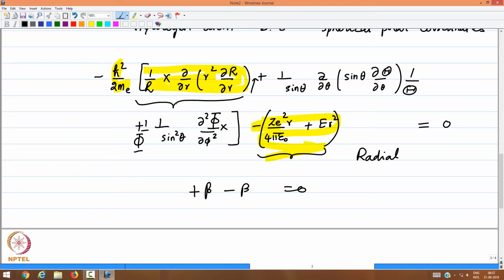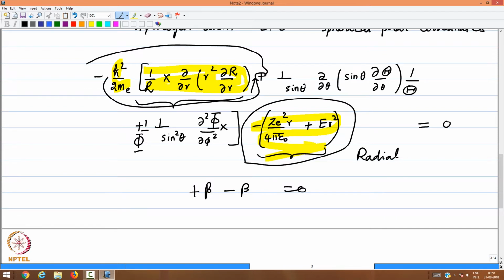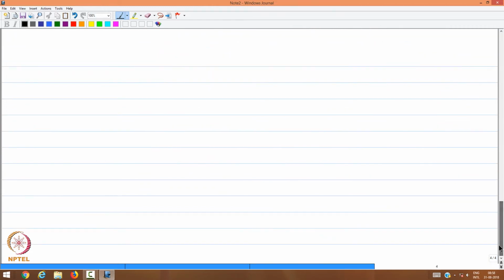So, everything that you see in the yellow here, everything this plus this was equal to plus beta, and therefore, everything which is left out is equal to minus beta. So, let us collect the angular part and look at the angular part more closely.